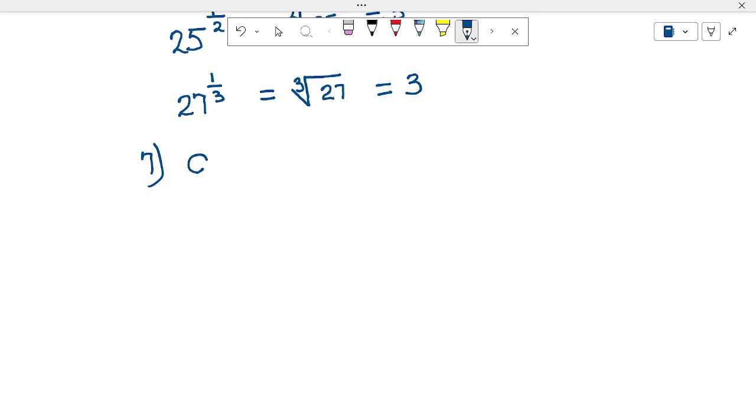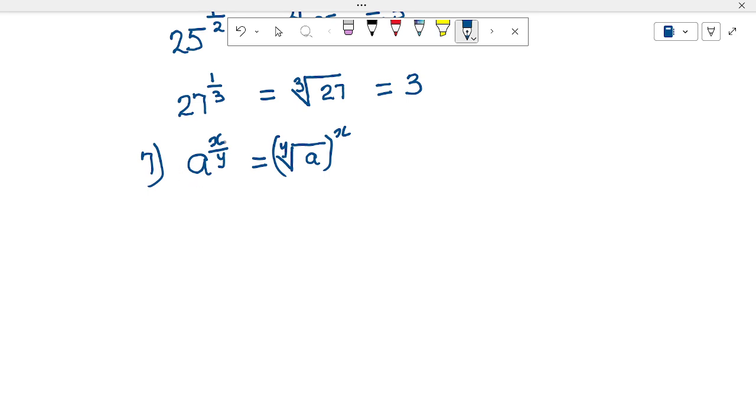It says a raised to power x all over y is the y root of a, raised to power x.